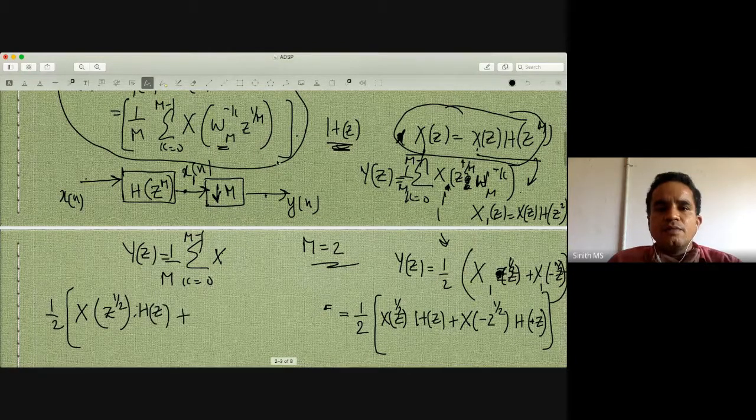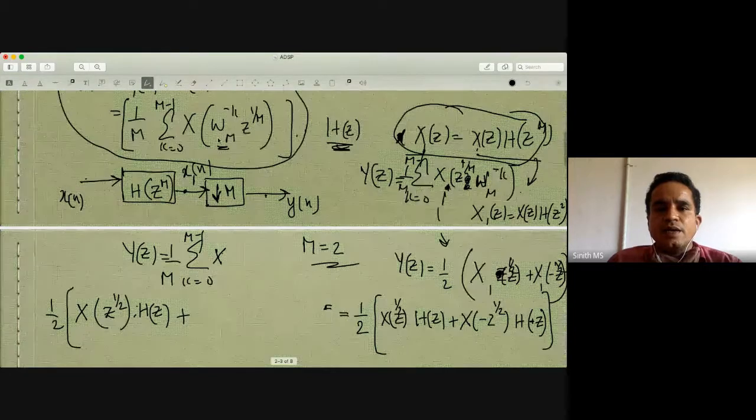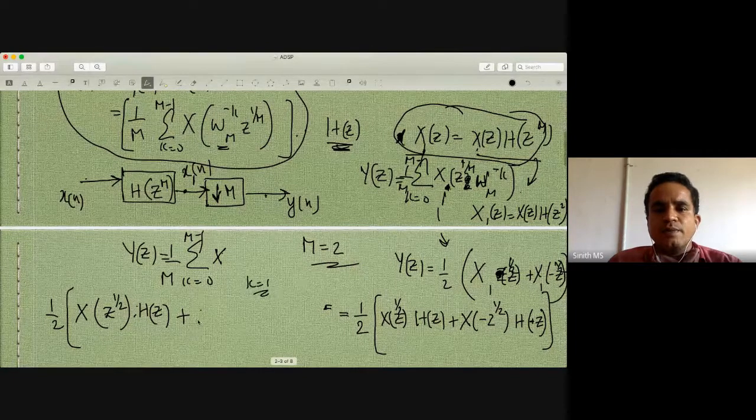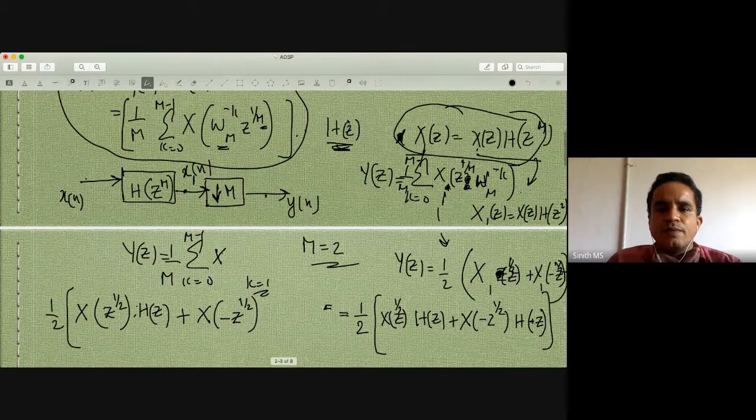Plus what do you have inside? For k equal to 1, W_M raised to minus k will be minus 1. So that this changes to X of minus z raised to 1/M. So this becomes minus half multiplied by H(z) inside. So you have H(z).